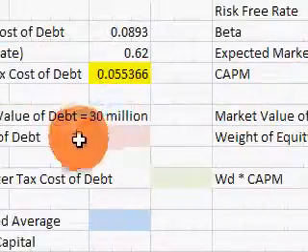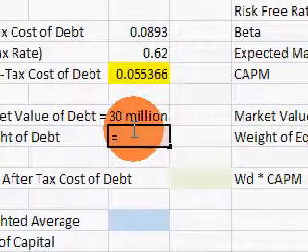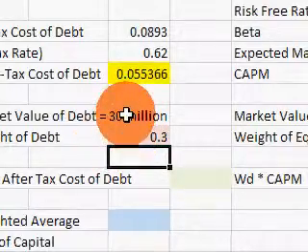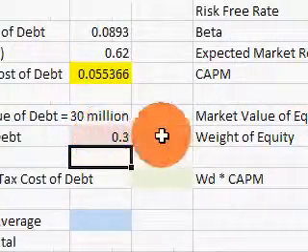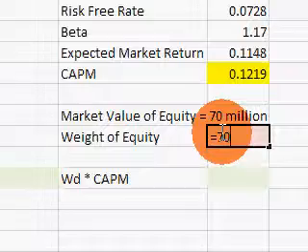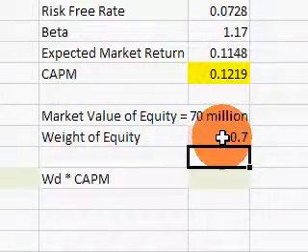To find that weight, I'm going to take 30 million divided by 100 to give me 0.30. I kept the example simple to show that 30% that they have matching up in the textbook. Again, if I took 70 divided by 100, we get 0.70.